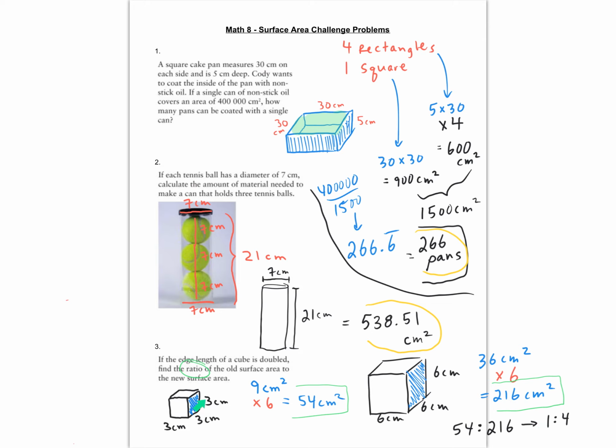And the reason is because when you double something, when we're talking about area, you're essentially squaring it. So you're not just timesing it by 2, you're taking 2 and squaring it. And we know that 2 squared is 4. So that's why it's 4 times as big. So our answer is 1 to 4.